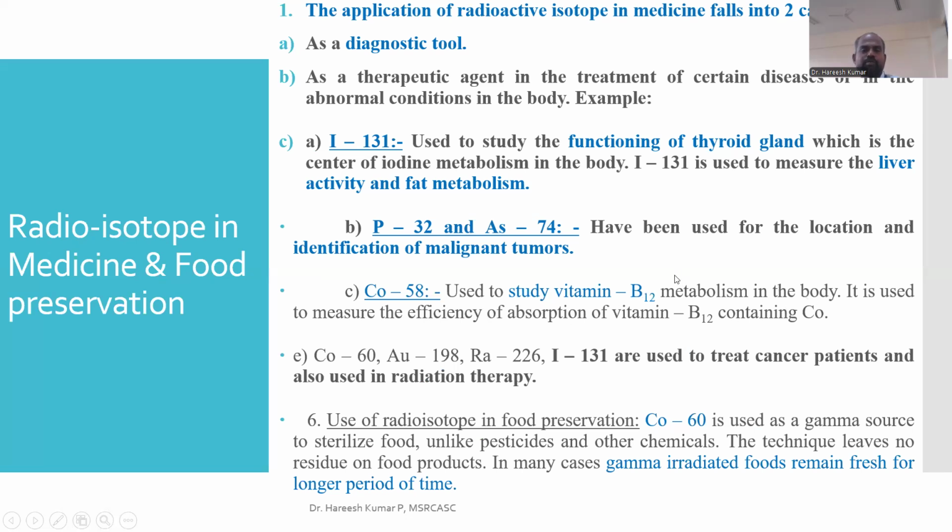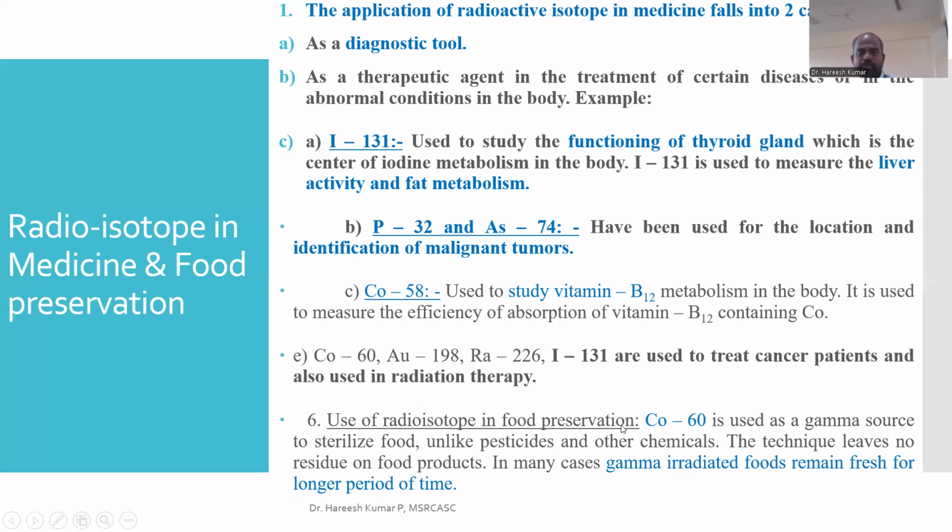That means vitamin B12 disease can be identified by using a cobalt isotope to measure the efficiency of absorption of vitamin B12. Then cobalt 60, gold 198, radon 226, and iodine 131 are used to treat cancer patients and also used in radiation therapy.